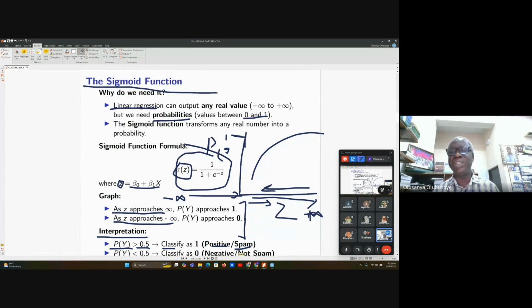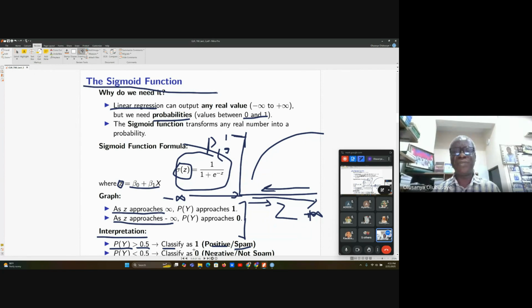If we are dealing with email, then we can say the email is a spam. If we calculate the probability and the value is less than 0.5, then we will say it's moving towards 0.